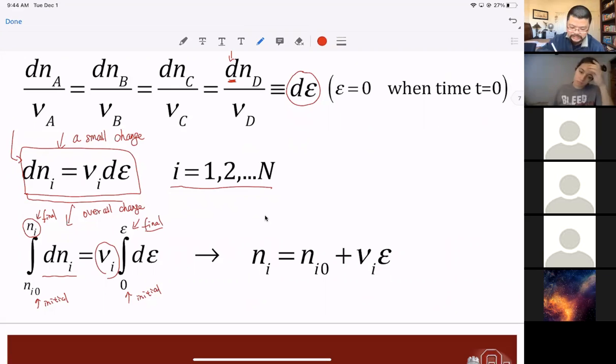Around the integration, this should be Ni of the final minus Ni of the initial. We usually use Ni naught. That should be the constant nu i multiplied by this epsilon. Okay, and then rearranging the initial, we shall have this term.